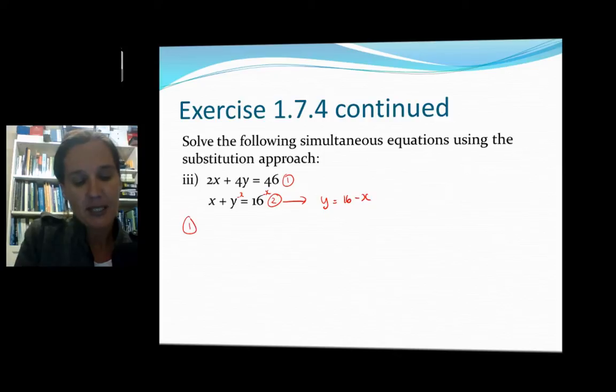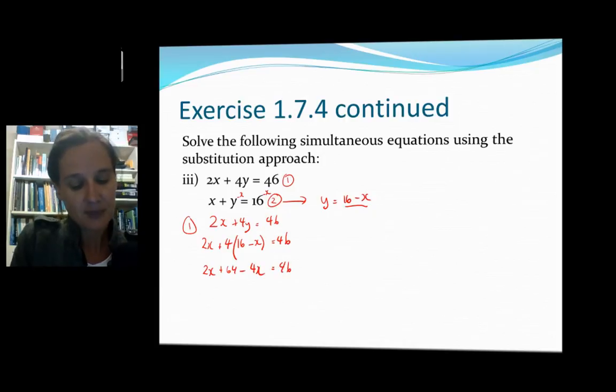If we take this back to equation 1, we've got 2x plus 4y is equal to 46. So here 2x plus 4 times 16 minus x is equal to 46. So we've got 2x plus 64 minus 4x is 46.